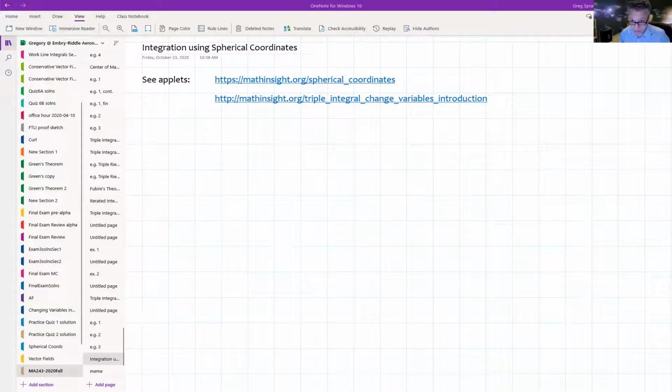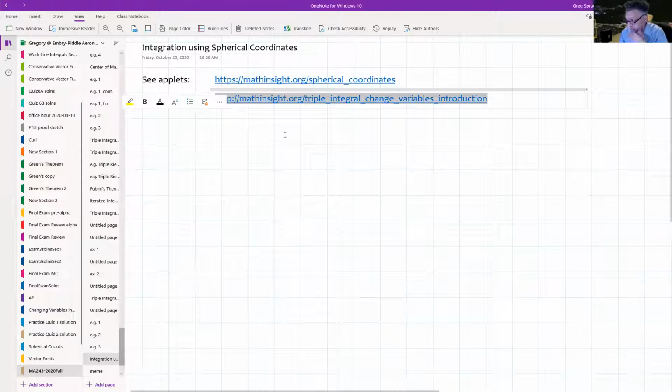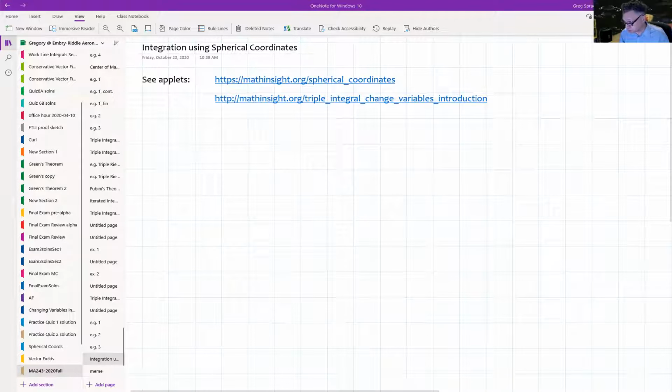One of them is just for spherical coordinates, and I showed you that the other day. And the other one shows you where the formula comes from for integrating in spherical coordinates. And I'll show you that in a minute.